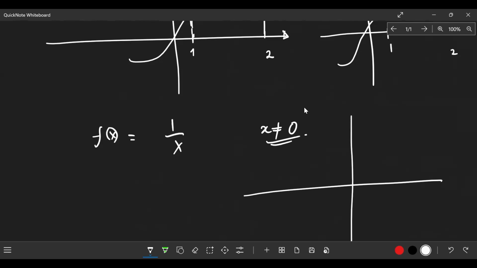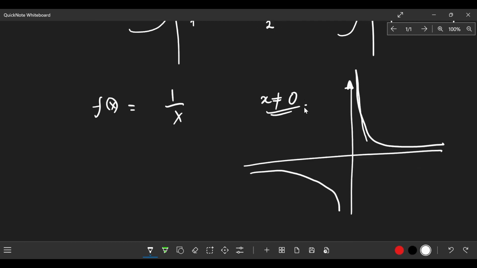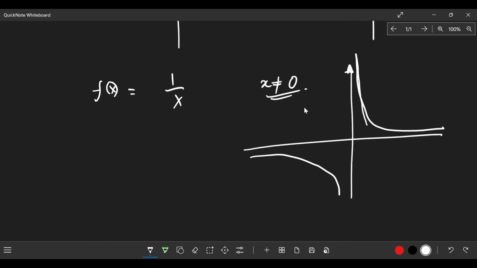So this one has a vertical asymptote along the y-axis, and it appears like this on this side, and also like this. So this is how 1 over x looks.